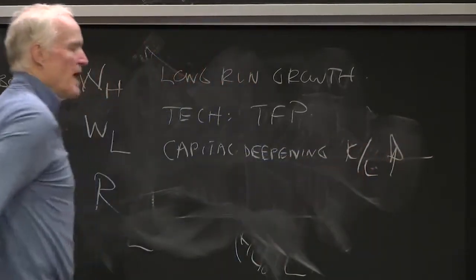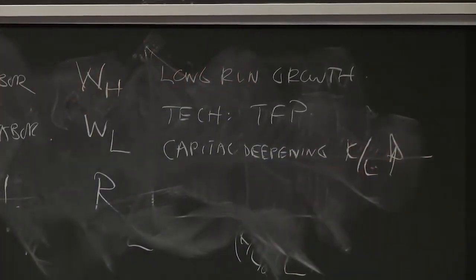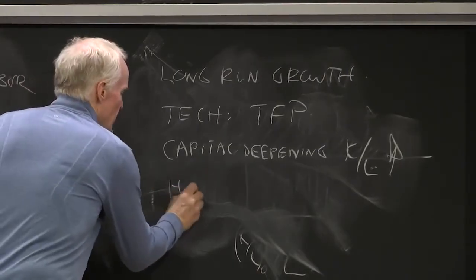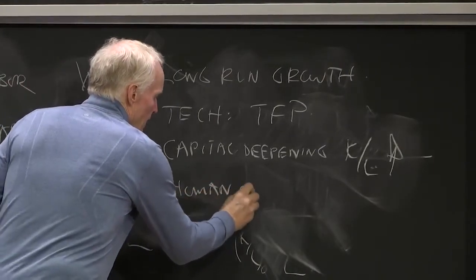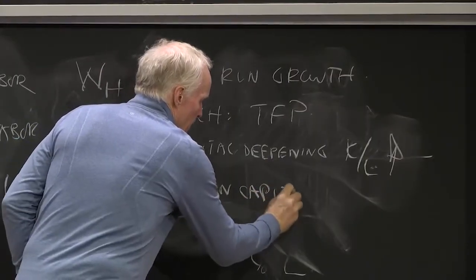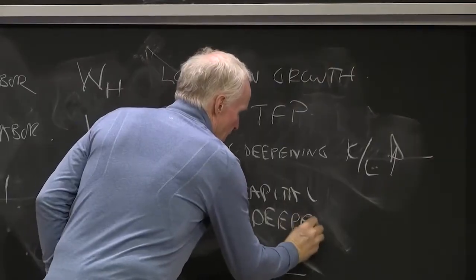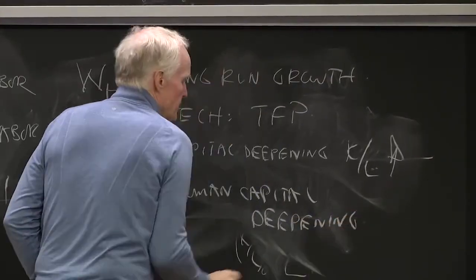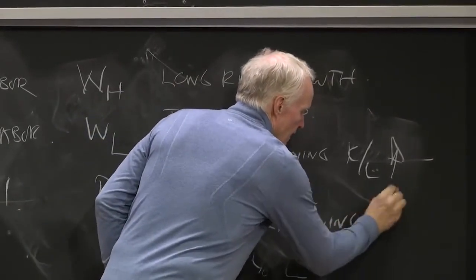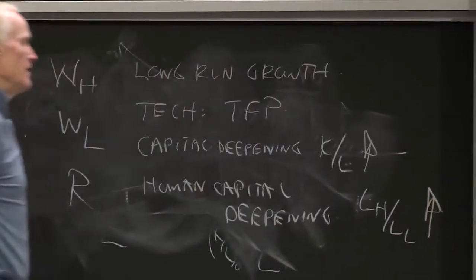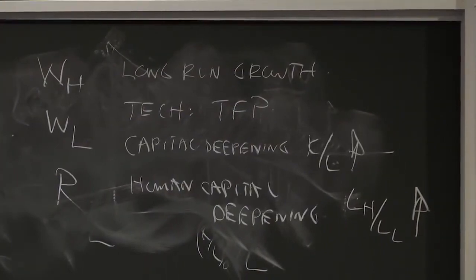So this is some composite of LH and LL, right? That's some increase in capital per worker, and human capital deepening, which is LH over LL. Okay. So those are the way I want to look at the world.